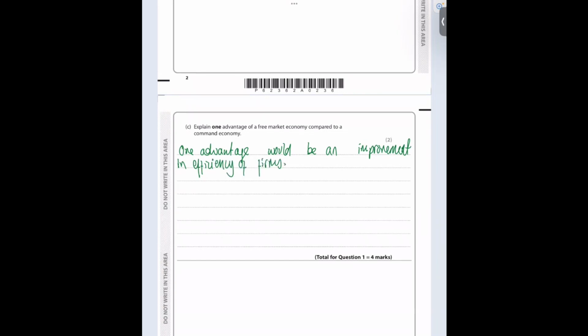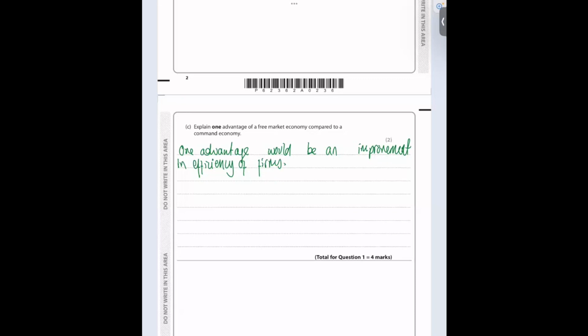Okay, so the reason for that is because you've got a free market, there's no state intervention. In order to gain the biggest amount of market share, firms will want to compete with each other. They'll need to invest into their factors of production in order to become as efficient as possible. So maybe to drive out competitors, they can charge the lowest prices, for example.